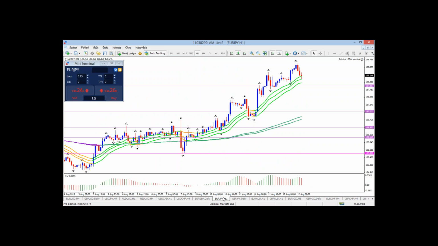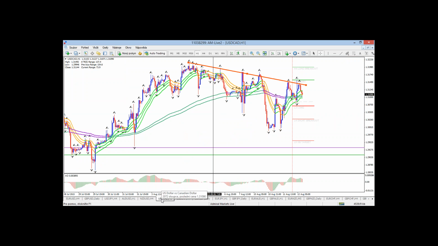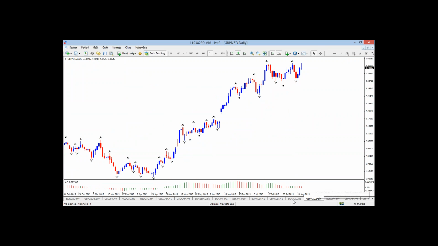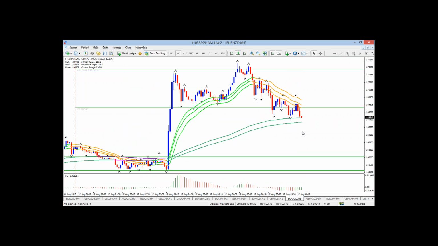Euro yen a pullback deeper. Dollar CAD a breakout to the upside. Dollar yen reversal. Euro New Zealand, if it gets back to support, a bit lower, or a triangle and breakout.